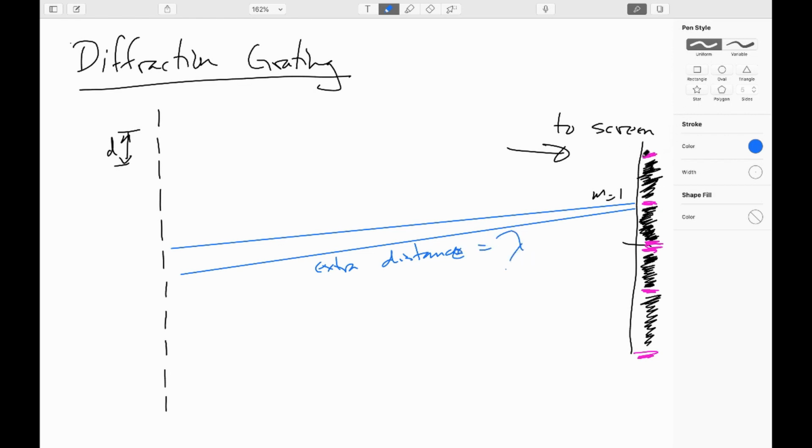And similarly, if we did it over here, from here versus here, the extra distance would be 2 lambda.